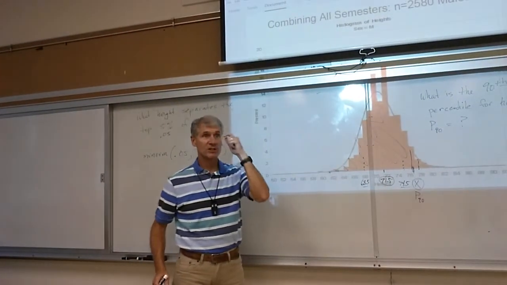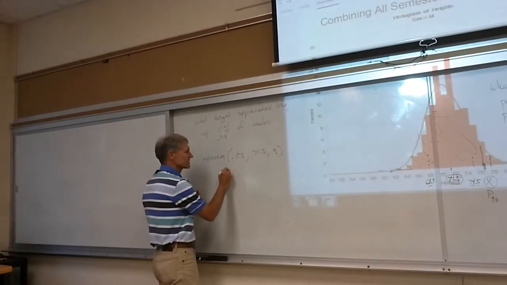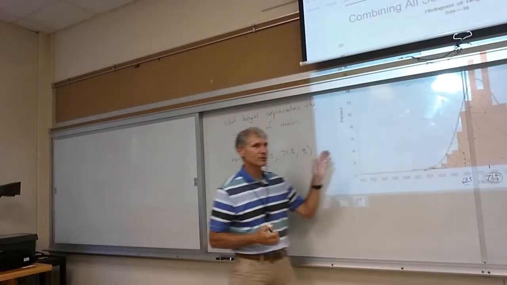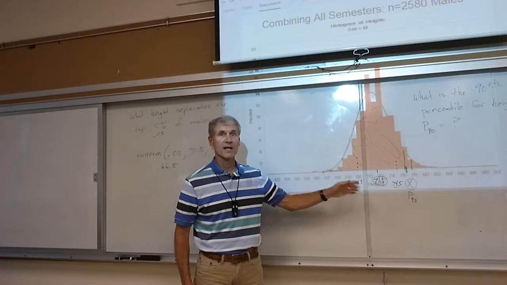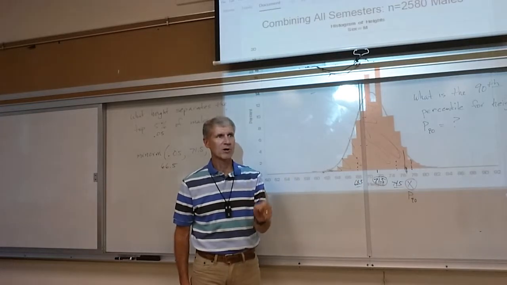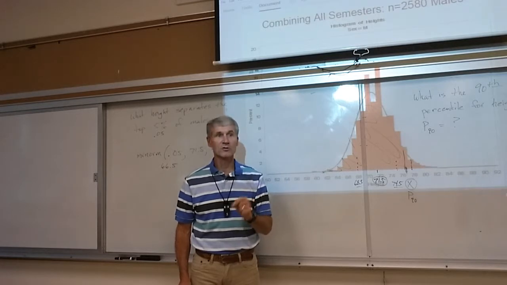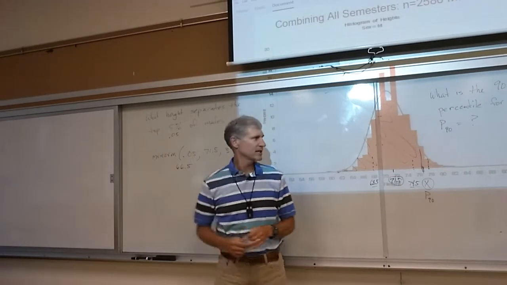Now, what answer did you get? 66.5 something. You should be able to look at the picture and go, oh, that can't be right. That's why I want you to do the ballpark estimate. If you forget to do your ballpark estimate, at least do it after you get your answer. Look at your answer and go, does that look about right?